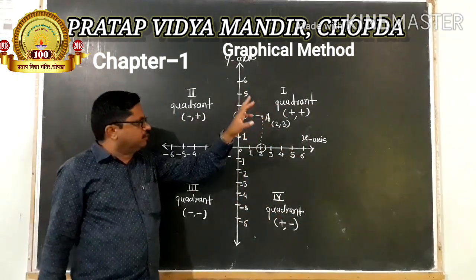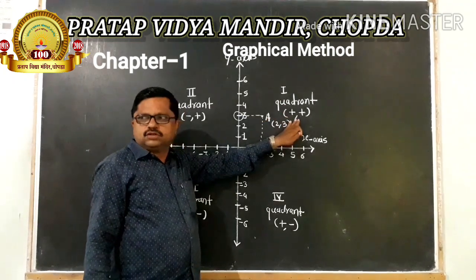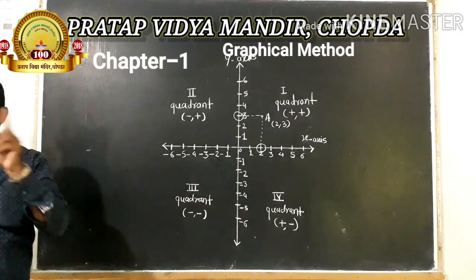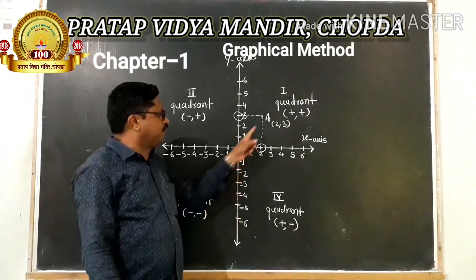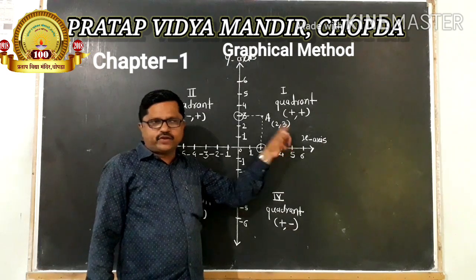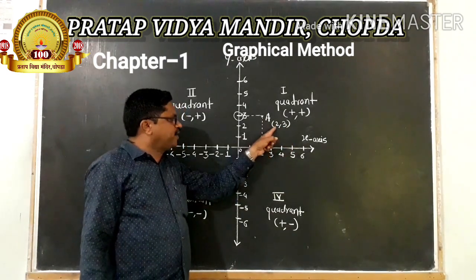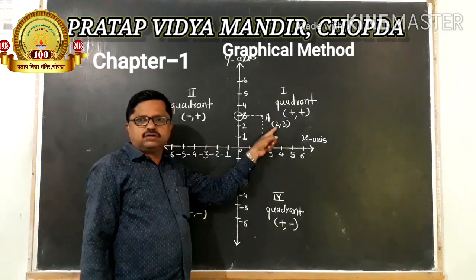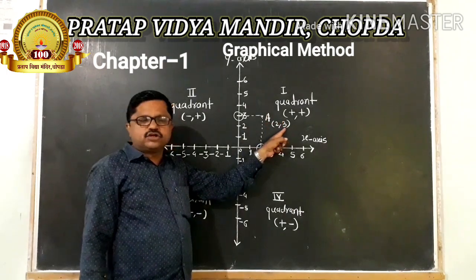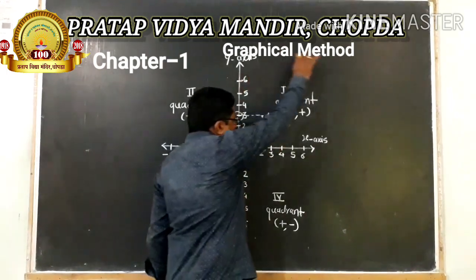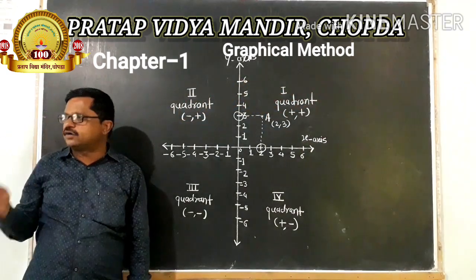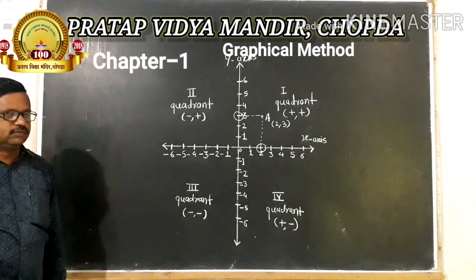You can see on the board, in the first quadrant, the x coordinate and y coordinate of a given point are both positive. The x coordinate of point A is positive 2 and the y coordinate of point A is positive 3. So in the first quadrant, the x coordinate and y coordinate are both positive.